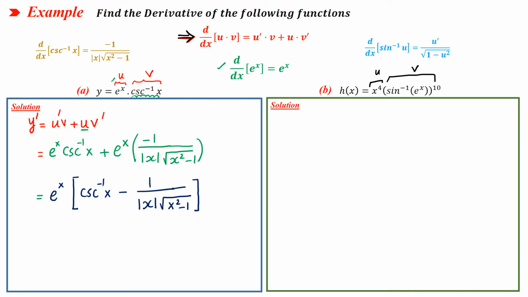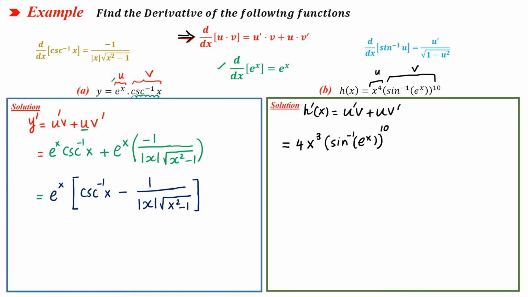So h prime of x equals u prime v plus u v prime, which is equal to the derivative of the first function, which is x to the fourth power, is 4x cubed, multiplied by the second function, which is sine inverse e to the x to the 10th power.